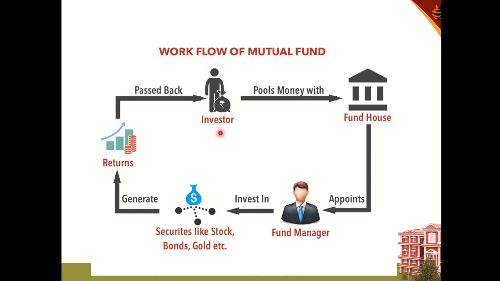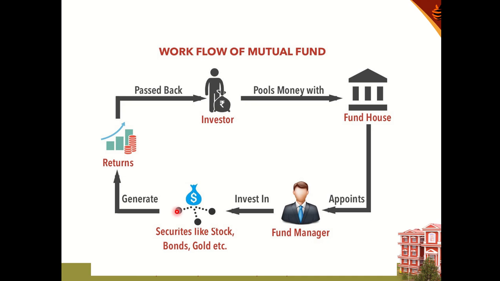So this is the investor. The investor pools money with the fund house, that is the mutual fund. The fund house appoints a fund manager to supervise and manage all these funds, and the fund manager invests the amount of money in securities like stock, bonds, gold, or any other portfolio of investment.